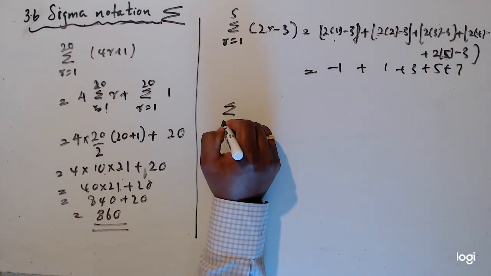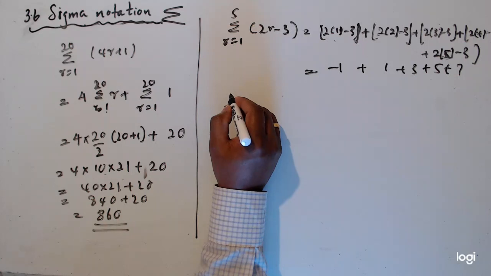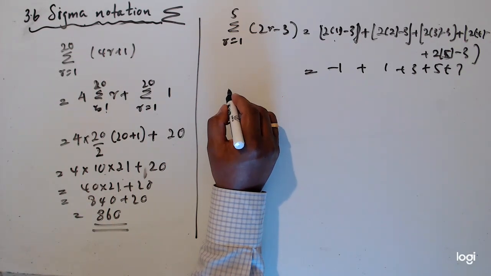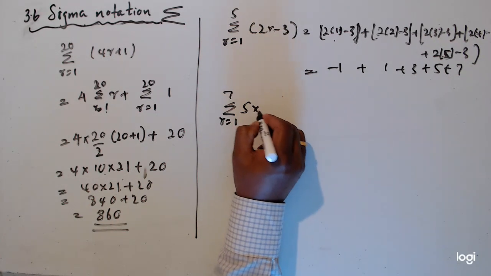The next one I can see in the book, summation r equal 1 to 7 of 5 times 2 to the power r.